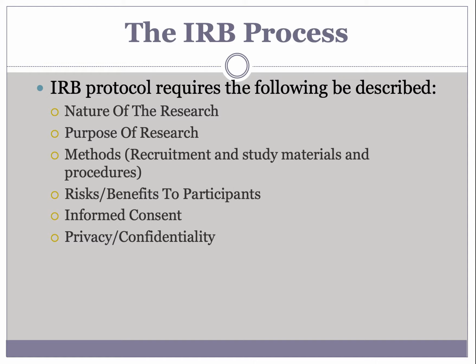You'll also need to outline what the advantages and disadvantages of participating are for the participants, because your IRB is trying to assess the level of risk, in part anyhow. And you'll also outline your informed consent procedures. There's stipulations about how you would need to go about doing this, and we'll display that in a moment.